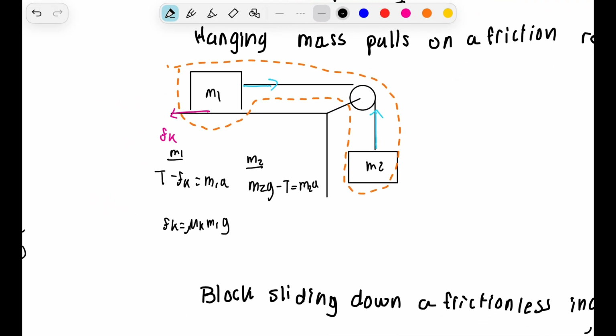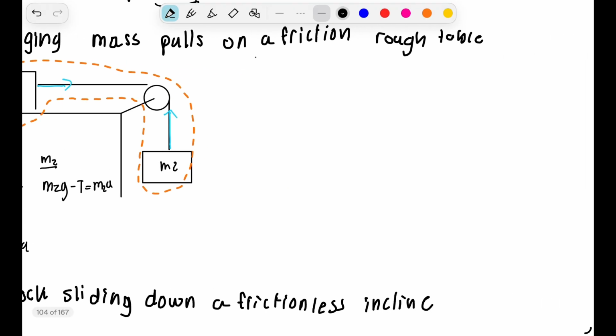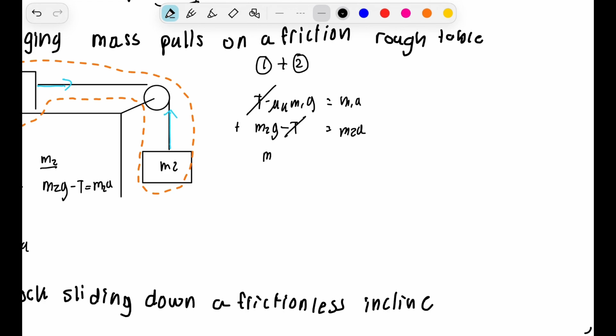Now for finishing m1 off, so we're just adding them. So that's your full acceleration.